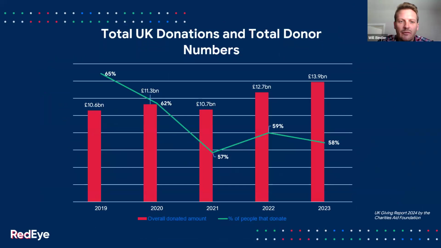Fundamentally, the UK Giving Report in 2024 shows that donor numbers are declining over the past few years, but this is in relation to more being donated. So what that means is fewer people are giving more.